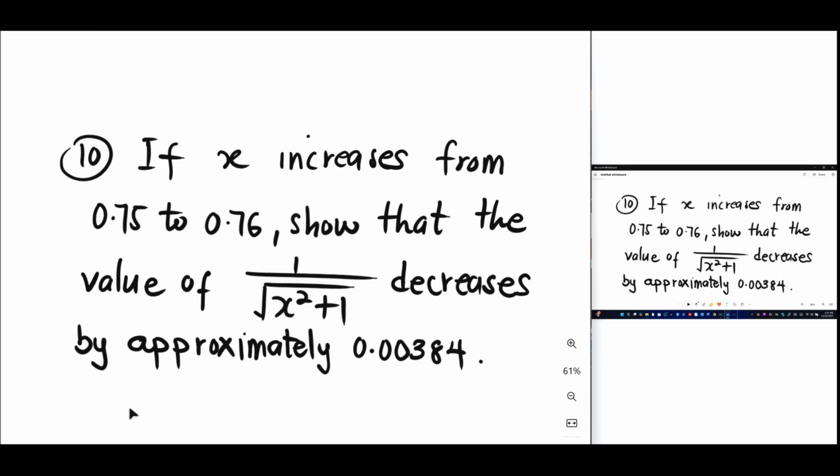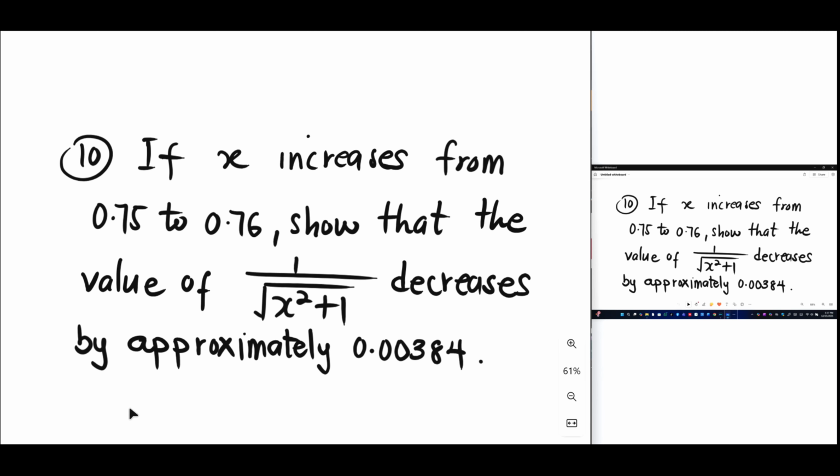And we have another problem here. If x increases from 0.75 to 0.76, show that the value of the fraction with numerator 1 and denominator the square root of x squared plus 1 decreases by approximately 0.00384. All right.